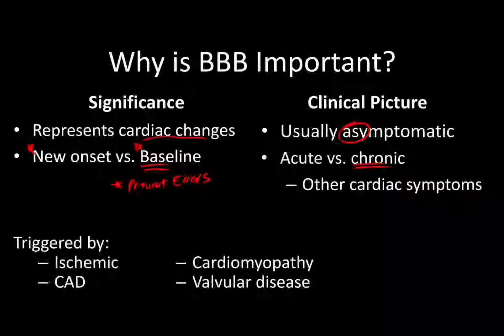Well, ultimately, it's ischemic in nature because you have damage to your bundle branches. How did you get that damage? Well, usually ischemic is the cause. How did that happen? Well, coronary artery disease, poor perfusion to that part of the heart. And if you think about it, the bundle branches are buried really deep inside the heart.